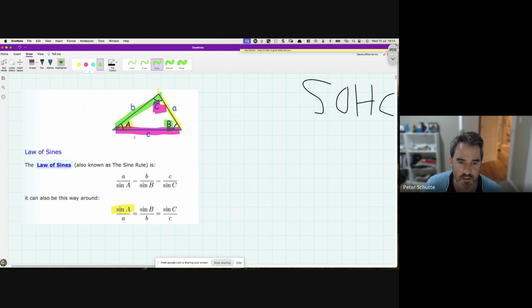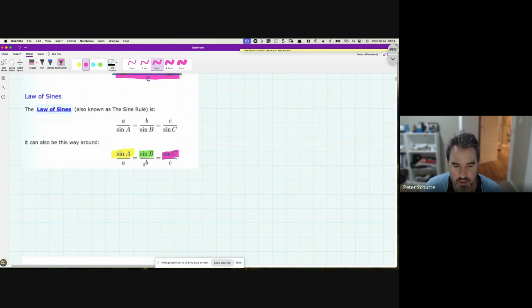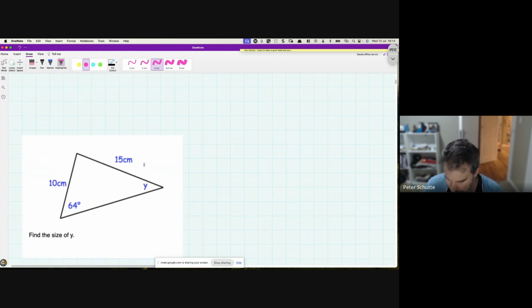So that would be this way of writing the sine rule. And then the other way of writing the sine rule is to write it with the sides on top, where you go a side divided by the sine of the angle opposite is equal to another side divided by the sine of an angle opposite that. Sounds like a bit of a mouthful, but let me show you in an example.